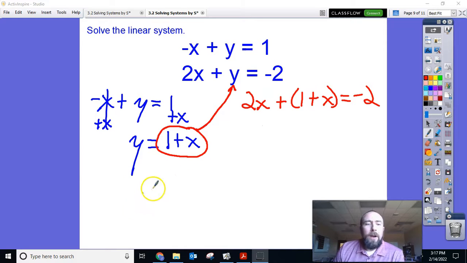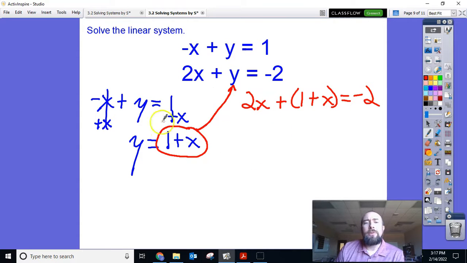I'll shut up. All right, so anyways, we'll look at now how to complete the next step. So once we plug in 1 plus x to this y, we are substituting it in because it's equal to y. The big important thing is that you do not plug this into the same equation that we started with. So don't go back up here to the first one.